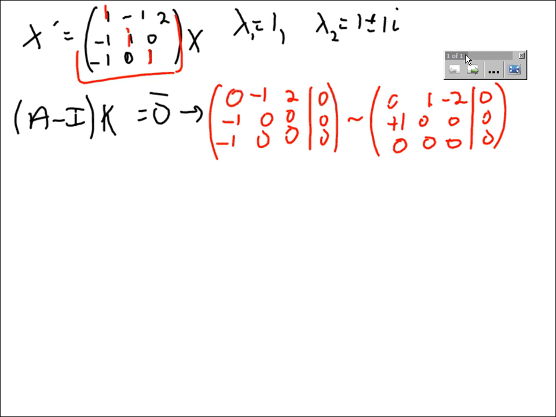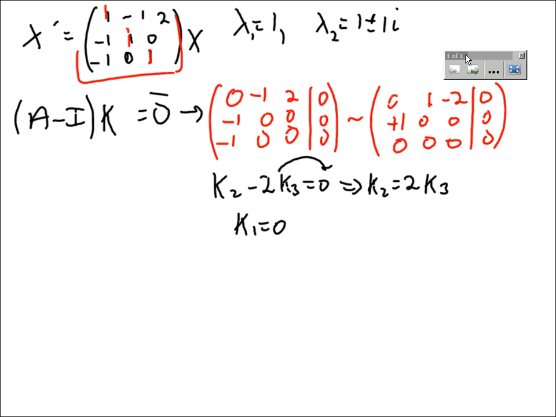So row 1 tells me that 1 times K2 minus 2K3 is 0. Bringing this over, K2 is 2 times K3. So if we know K3, we multiply it by 2, and like magic, we get K2. The second equation tells us that K1 is 0.